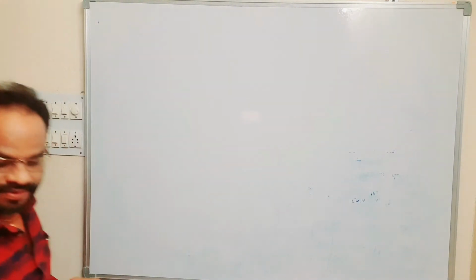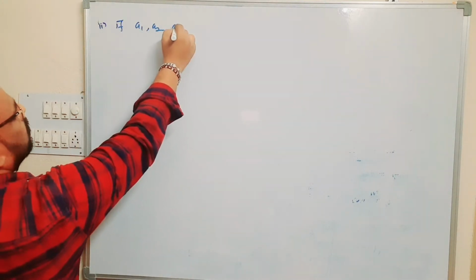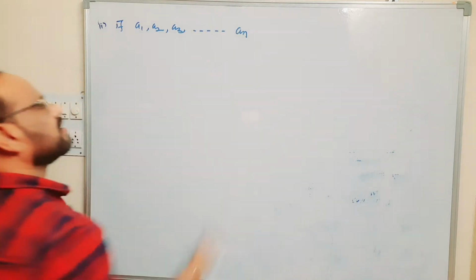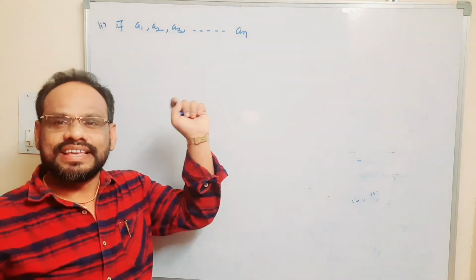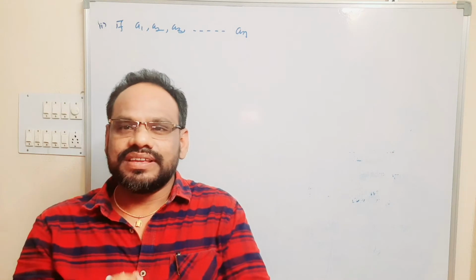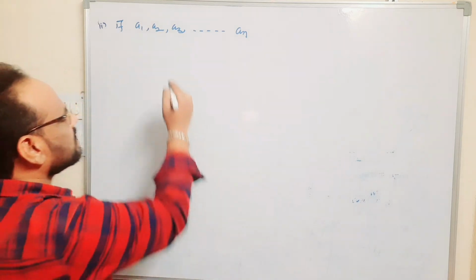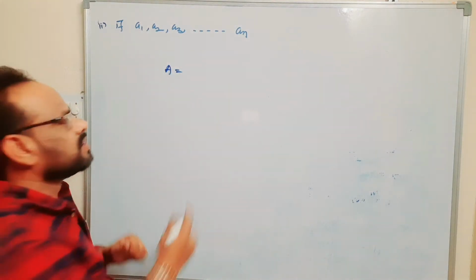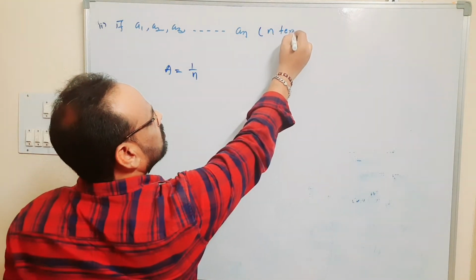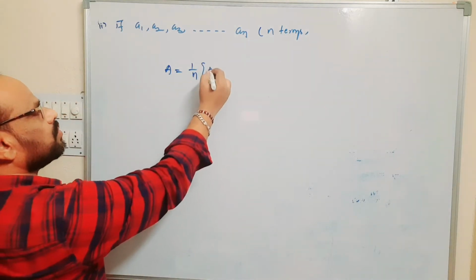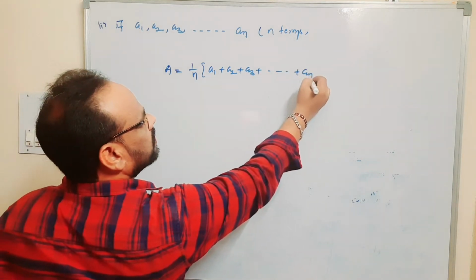Next one, the second one. If a1, a2, a3, and so on an are n numbers, then the arithmetic mean A of the given numbers is A equal to 1 by n into (a1 plus a2 plus a3 plus and so on plus an), where there are n terms.